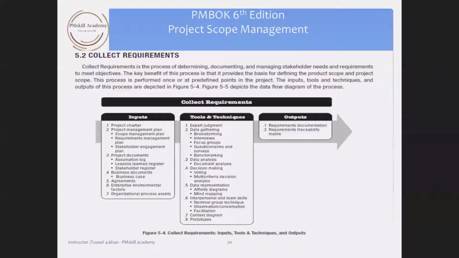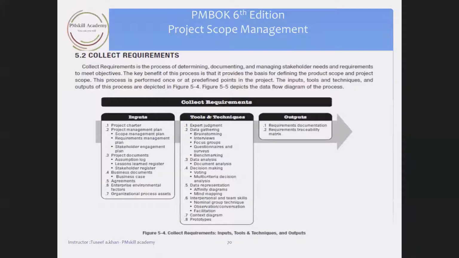And you can see here, input number 4 is business documents. From business documents, there is the business case, because the business case can influence the Collect Requirements process: what is required, what is desired, what are the optional criteria.